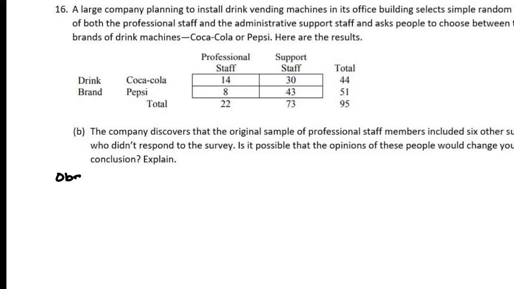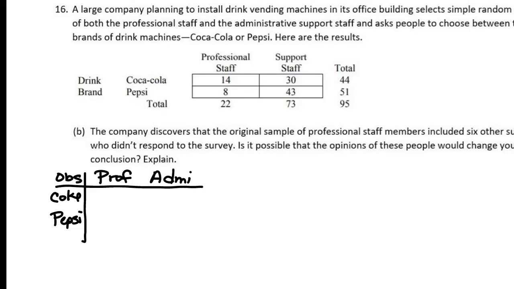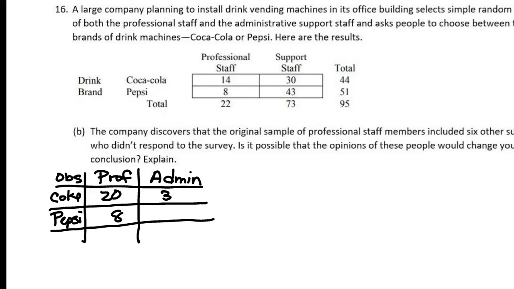So then my observed Coke and Pepsi, professional and admin. If all 6 of them chose Coca-Cola, then there would be 20 here. And all the other numbers would stay the same.